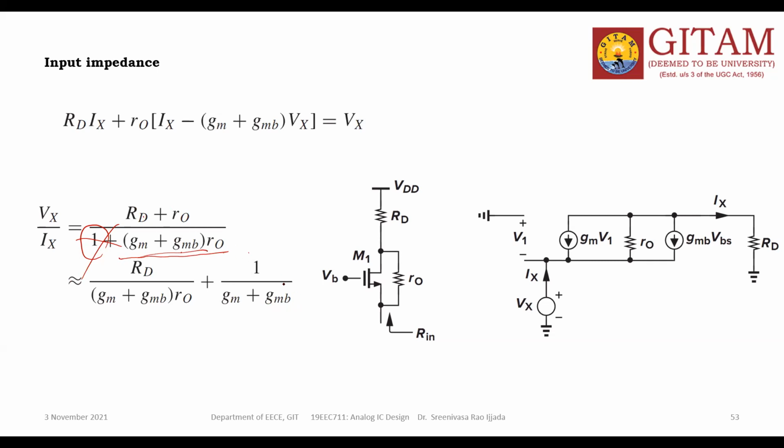Like this, many assumptions will be there. This is the input impedance of the common gate configuration, the common gate stage. These individual stages are very important, particularly when we move deeper into the subject. After a few classes, after this module, I will take this equation directly.